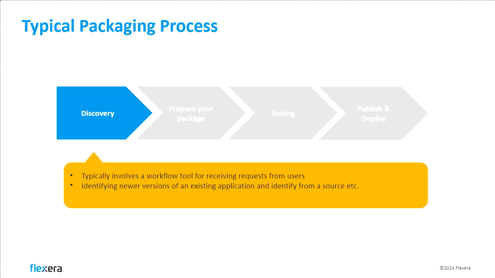This process might also include identifying newer versions of an existing application, and then the packaging engineer going and finding out, is this available on the internet? Does my company have the license for this particular item? And then identifying a particular source, right?